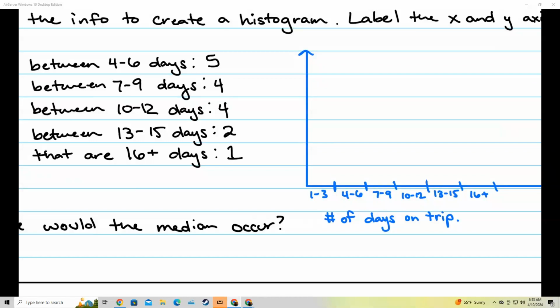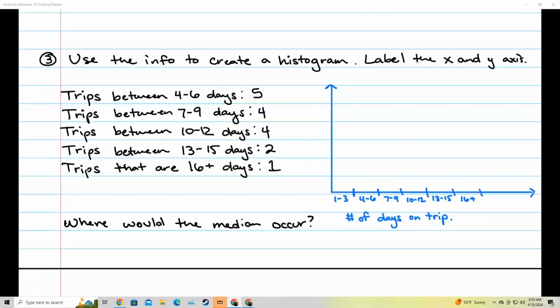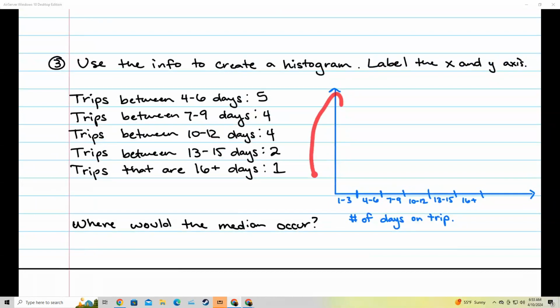All right, I set up my x-axis, which is the axis on the bottom, and I was really specific with what this meant, right? So if I have something here, then I know that this person spent 4 to 6 days on a trip. It makes it a little bit easier, right? Okay, and so now on the side, we're going to label how many times this occurred.